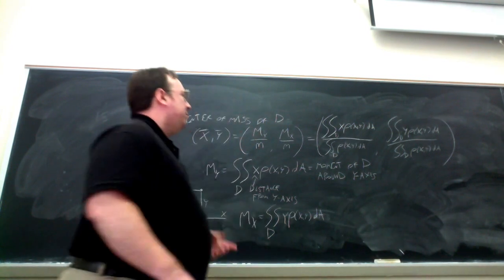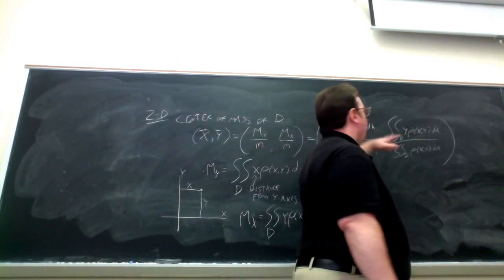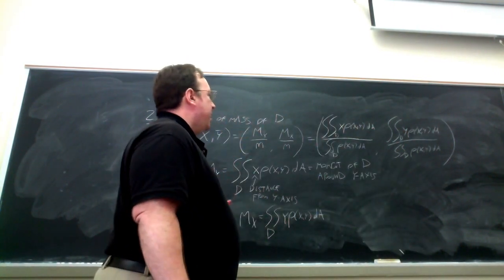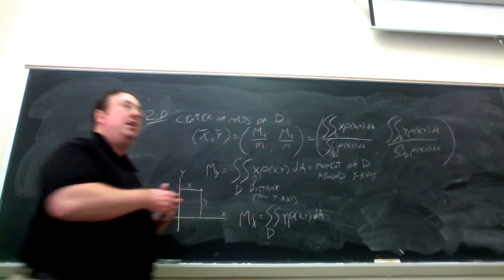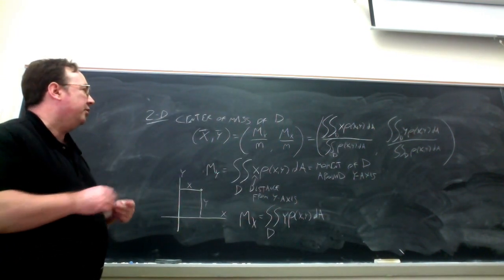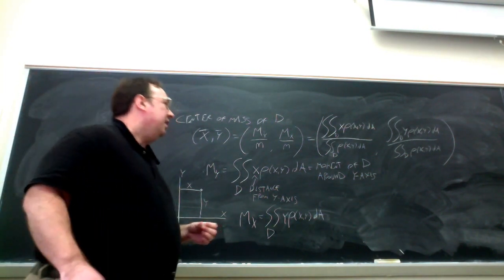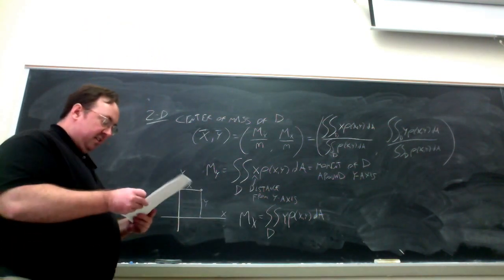So you can think of these as being weighted averages of the x and y coordinates of all points within D. And the weighting is given by the density. So where the object is denser, those points will have more weight. So they'll more heavily influence the location of the center of mass.